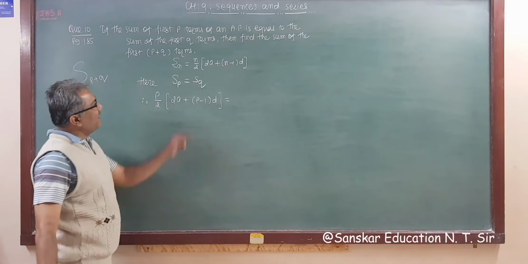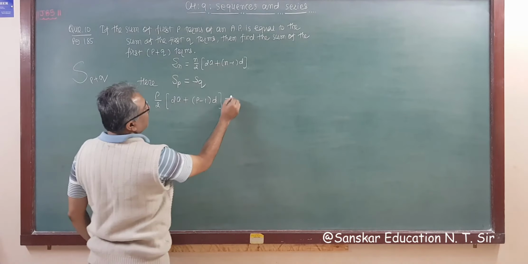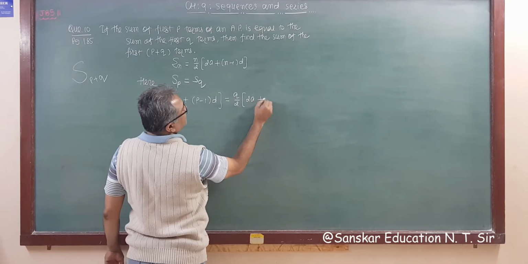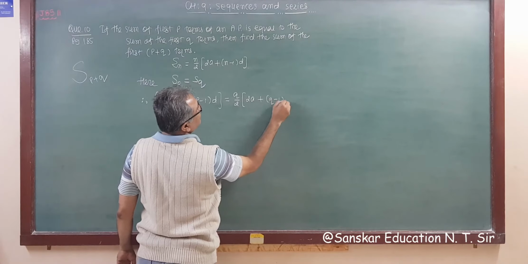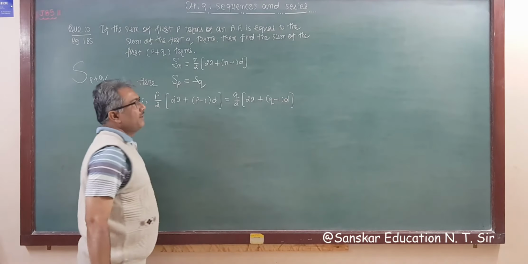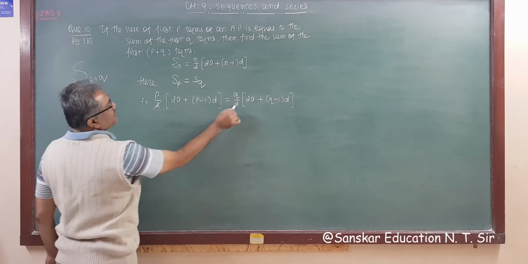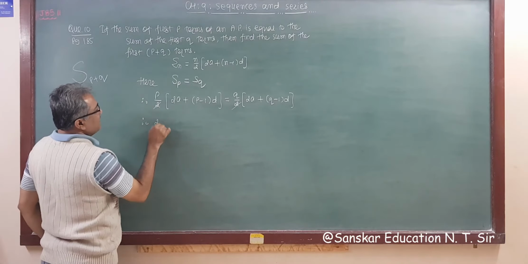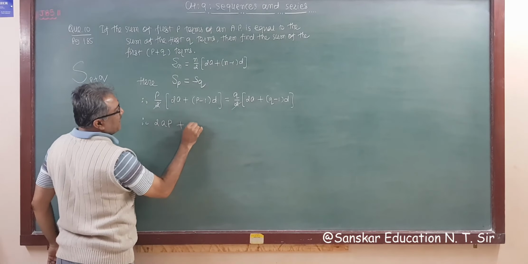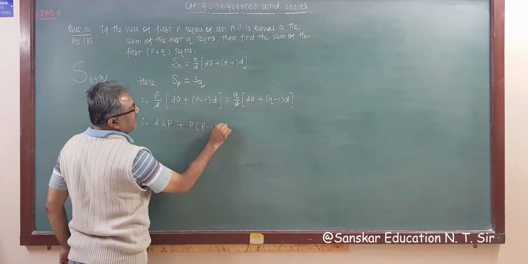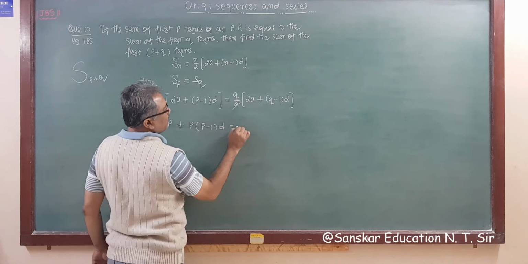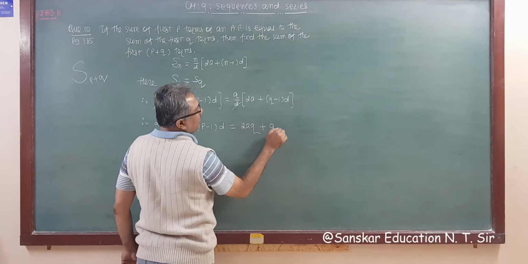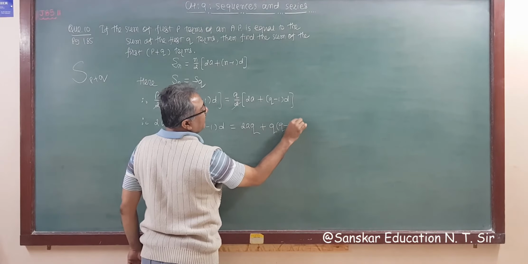Now substituting q, we get q by 2 into twice a plus q minus 1 into d, right? So these two will be cut, multiplied by p here, we get twice ap plus p into p minus 1 d is equal to twice aq plus q into q minus 1 into d.